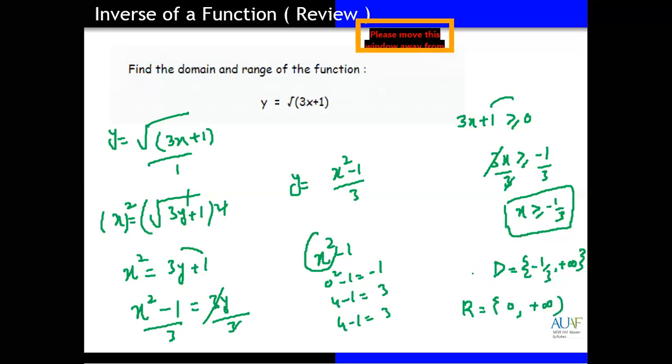Because we can give a minus value or plus value, but the result is again plus, so negative values are not possible. We can also find the range without solving the inverse, with the help of a graph, but when you have the inverse, you can find it easily.